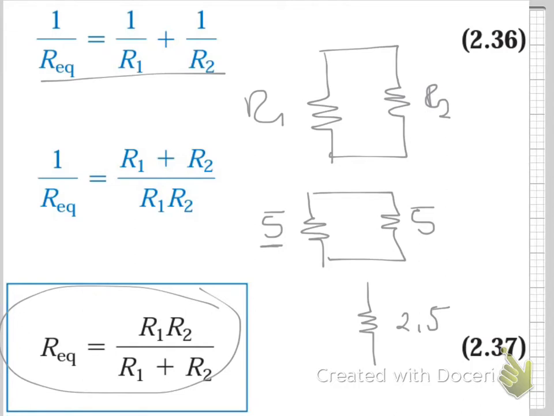You can take out your calculator and test it out. Basically, 5 times 5 is 25, divided by 5 plus 5, which is 10, which is 2.5, which is half, right?